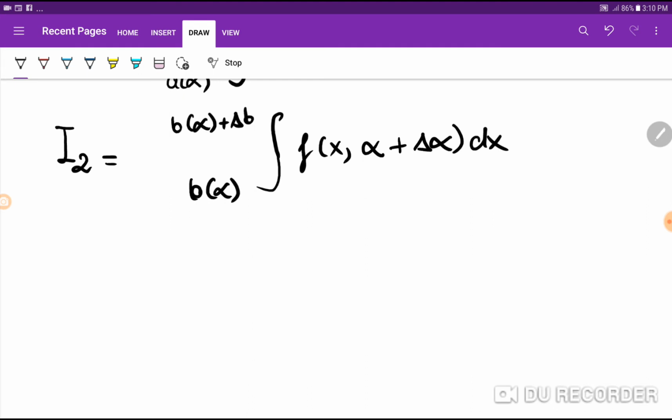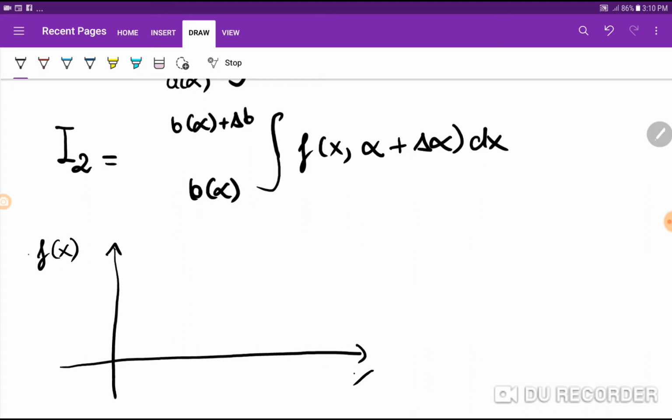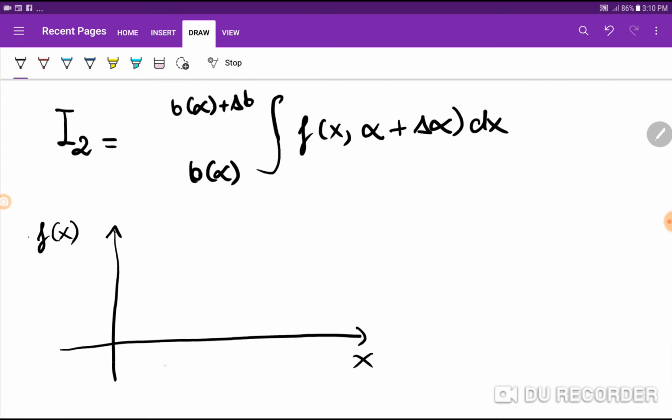If you recall, say we have a graph. This is f(x), this is x, and let's say the graph looks something like this. Let's say you have two points.